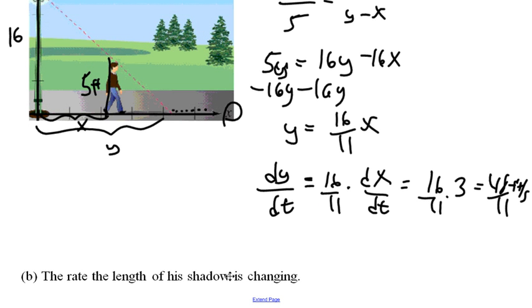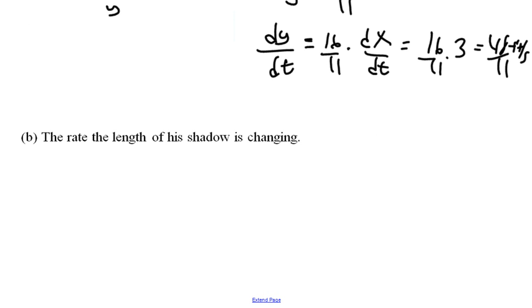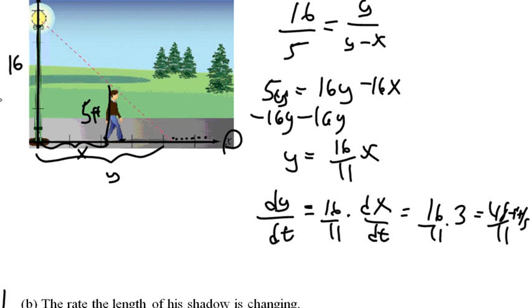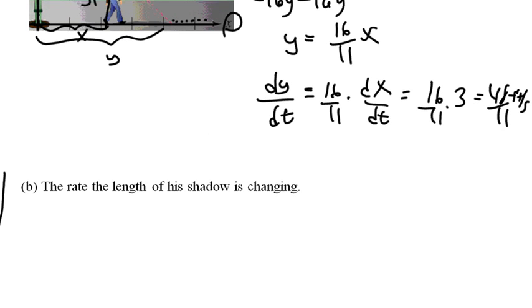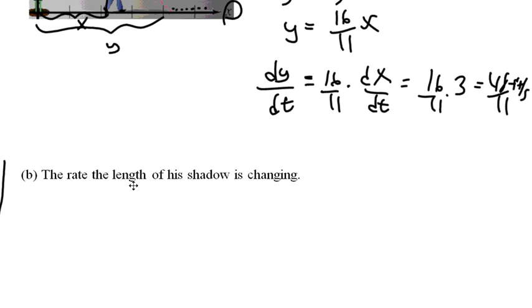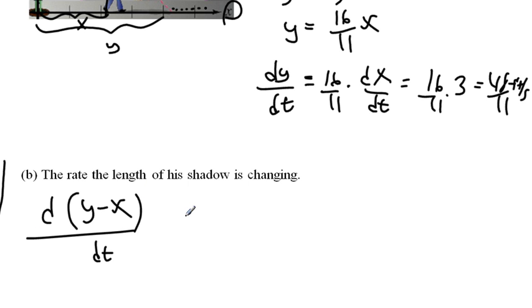Now it says find how fast the length of the shadow is changing. Okay, and if you want to find out what the length of the shadow is, isn't the length of the shadow just y minus x, right? I take the value of y and I subtract x, and that's going to give me the length of the shadow. So really, I want to find, how is this changing? d of y minus x over dt. That's what I'm trying to find right there.